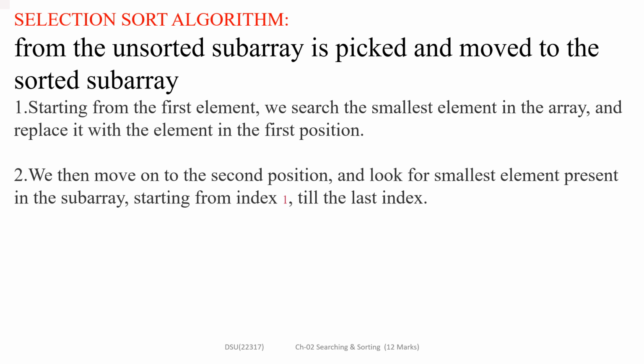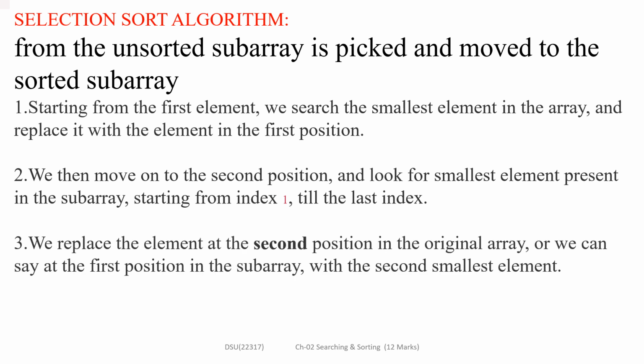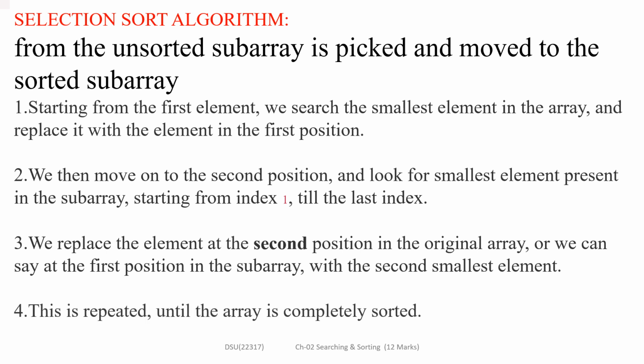Then move on to the second position and look for the smallest element present in the subarray, starting from index 1 till the last index. We replace the element at the second position in the original array, or we can say at the first position in the subarray, with the second smallest element. This is repeated until the array is completely sorted.